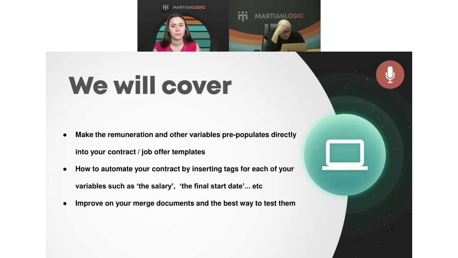All that information, as I mentioned, the name of the person and the address and the final offer information and the start date and so on, should be pre-populating in the contract. And you should be doing very, very few changes.